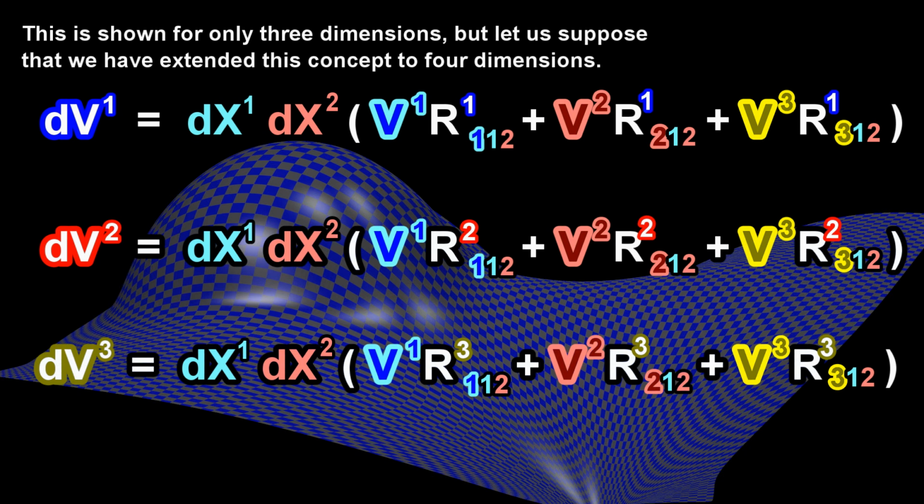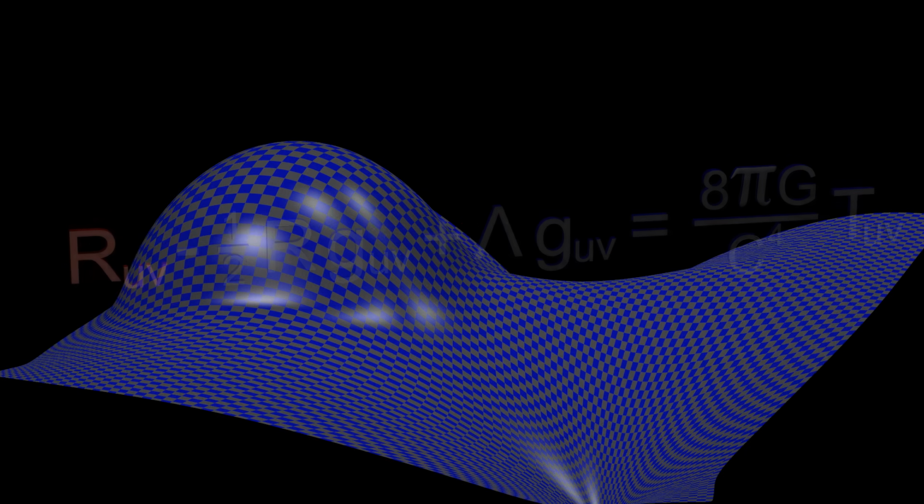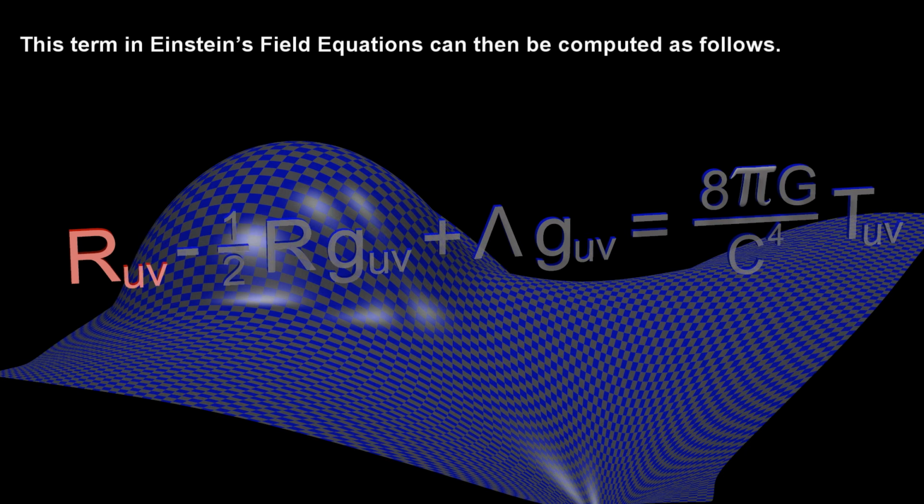This is shown for only 3 dimensions, but let's suppose that we've extended this concept to 4 dimensions. This term in Einstein's field equations can then be computed as follows.